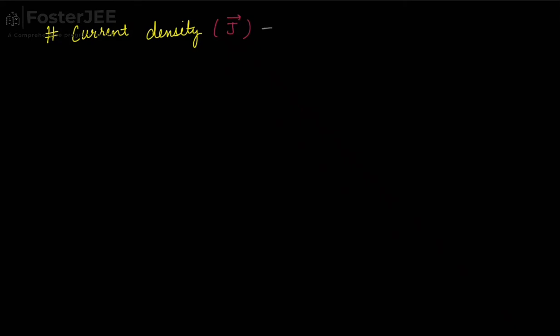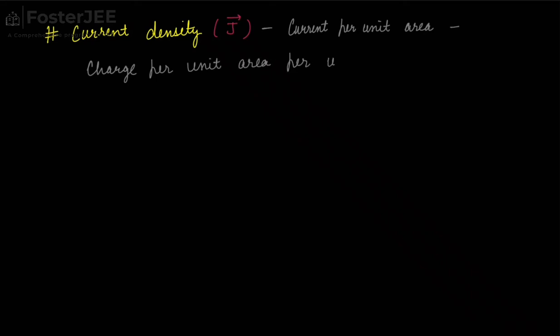It is defined as the charge per, or else current per unit area, or in terms of charge we can write the charge per unit area per unit time. This is called current density.